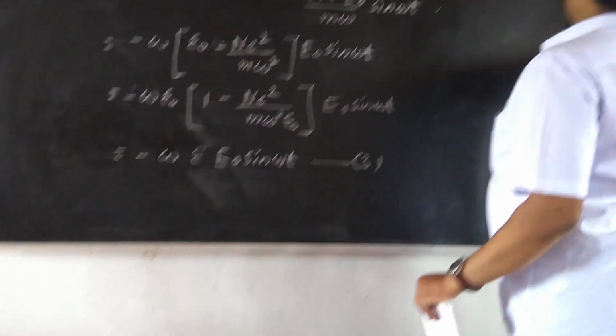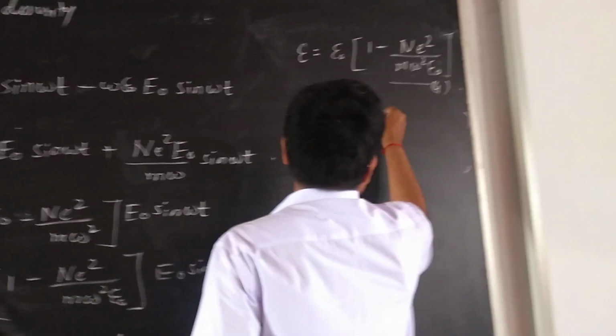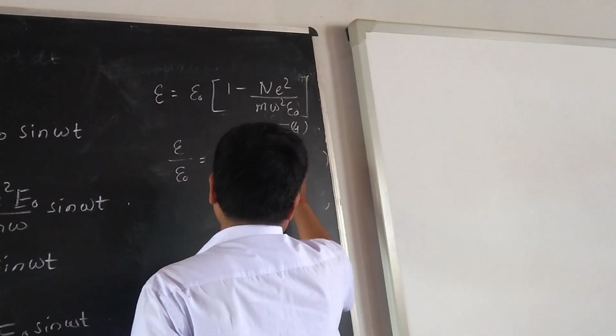Equation 4 you can write: epsilon divided by epsilon naught is 1 minus N e square divided by m omega square epsilon naught.